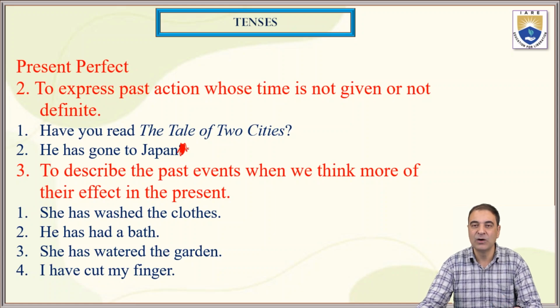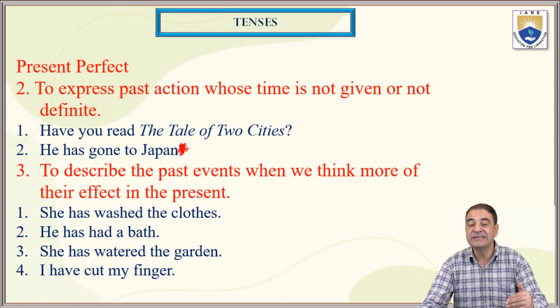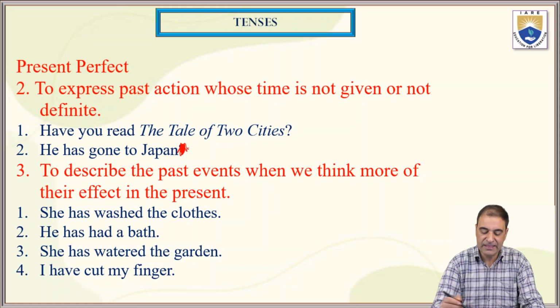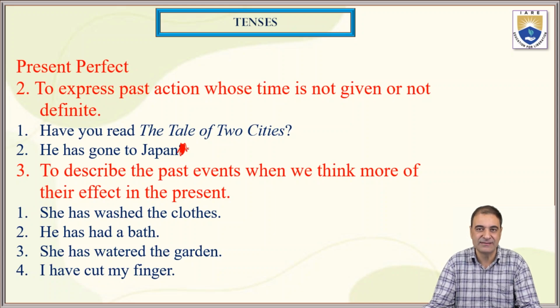But in the second one, I'm telling you that we can use this present perfect tense to express distant past, but time should not be given. There should be no mention of time. Like here, in two sentences, we don't have any mention of time. Therefore, we can use this present perfect tense to express distant past.